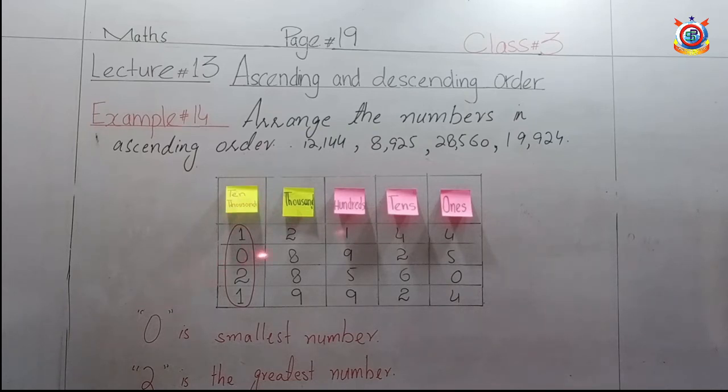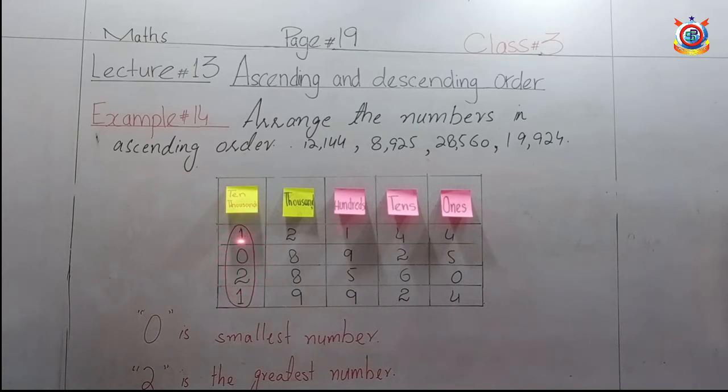We have these 4 numbers in arranged form in table. Look at the first number, 12,144, 8,925, 28,560, 19,924.